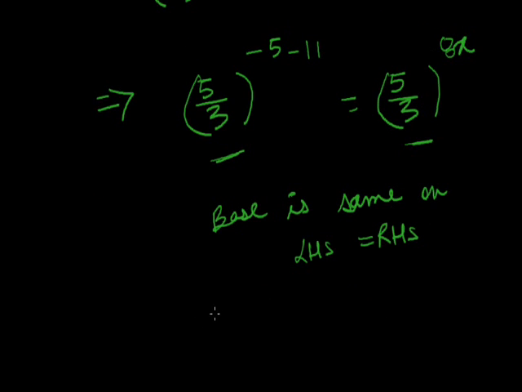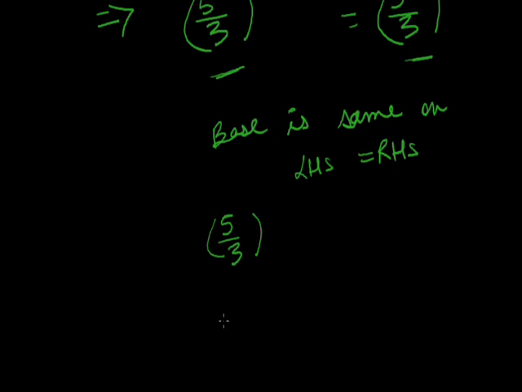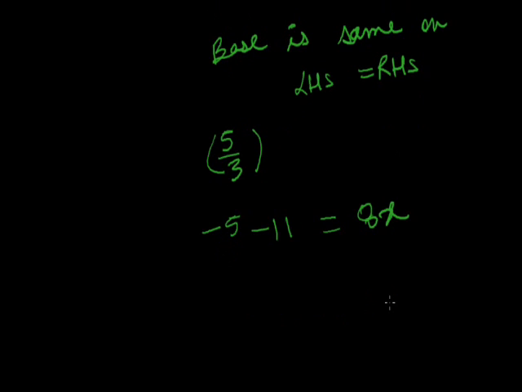In this case the base is 5/3 on both sides, so the powers are equal: minus 5 minus 11 is equal to 8x. Now minus 5 minus 11 gives minus 16, so minus 16 equals 8x.